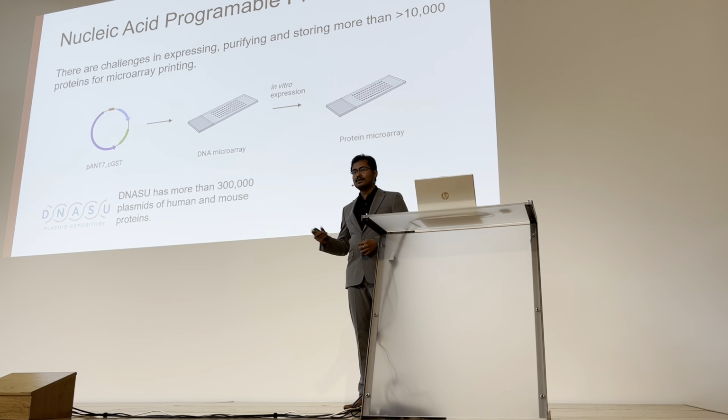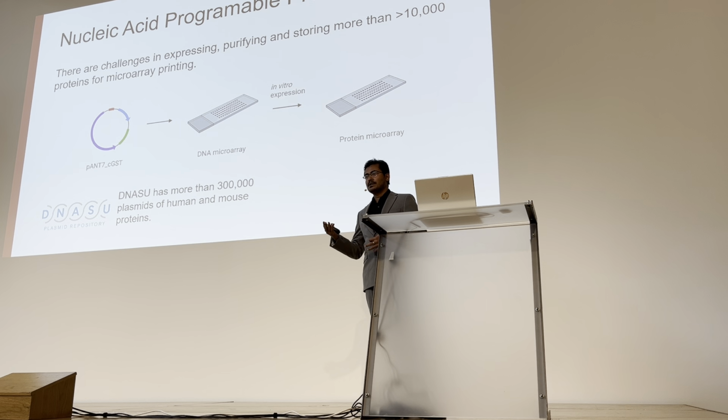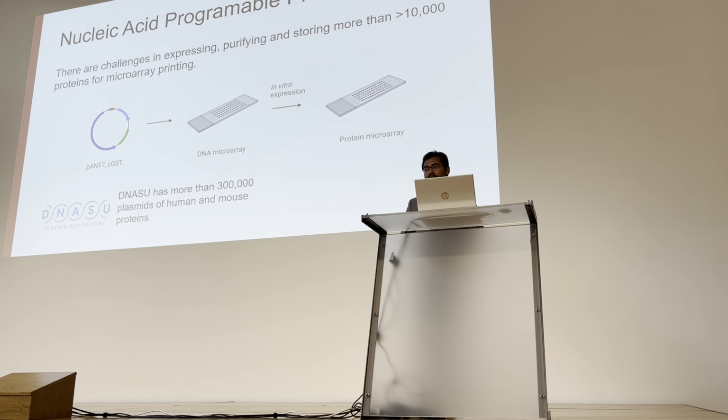And these microarrays are very stable. You can keep them at room temperature or 4 degrees, and then express the proteins whenever you need using your in vitro expression kits. This really helped in increasing the scale to more than 10,000 proteins at a time.